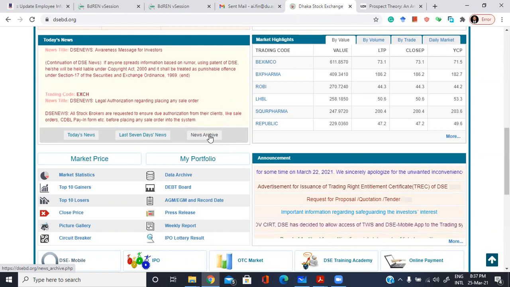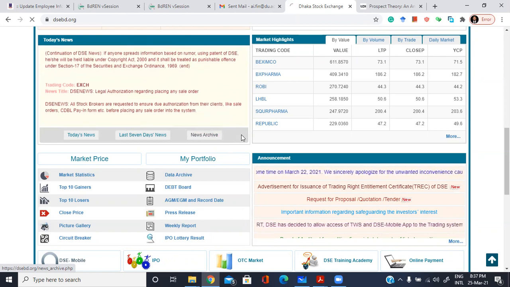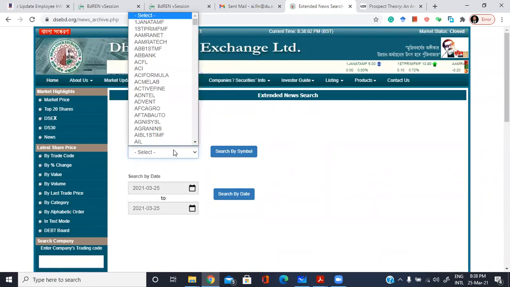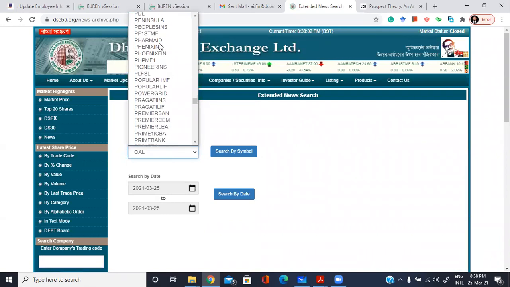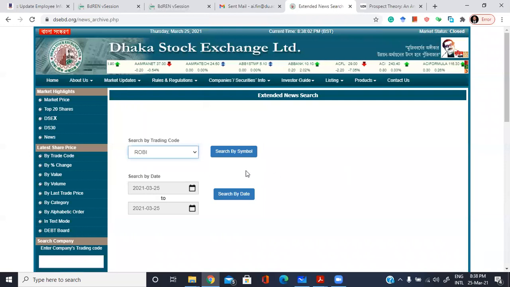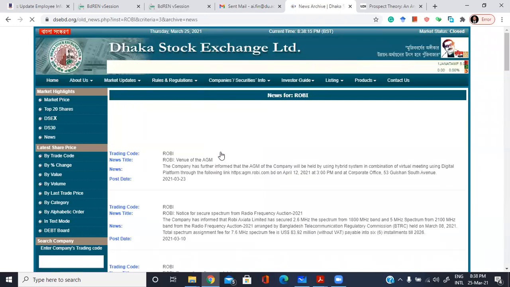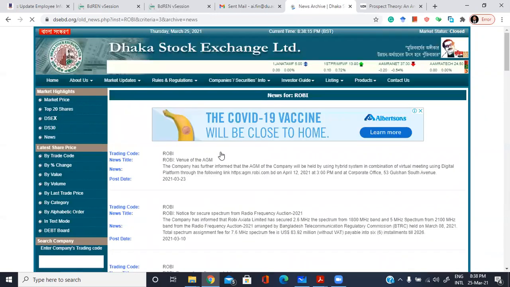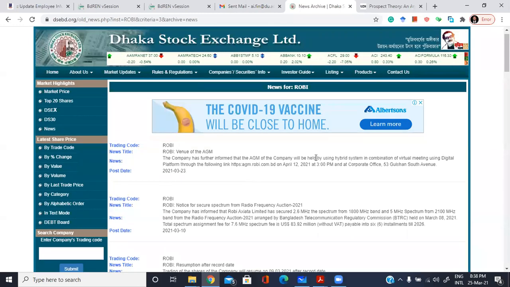Yes, sir. Okay, so if I go to the news archive, what can I do? Say, for example, I'm interested to look at the news of Robi only. And now I click this search by symbol. All the news are here. All the events are here. Say, for example, the company has further informed that AGM of the company will be held.